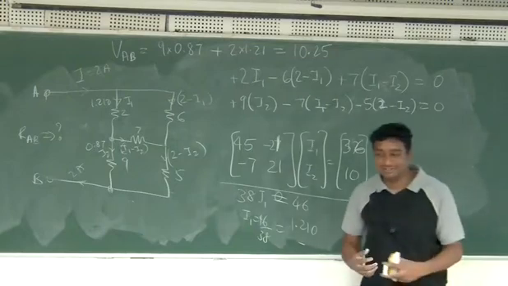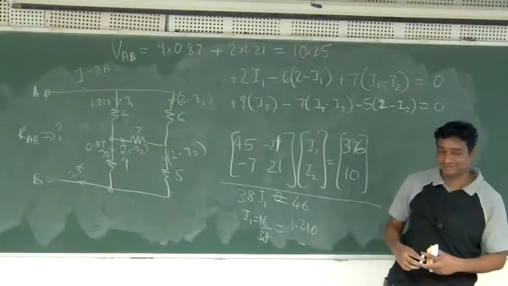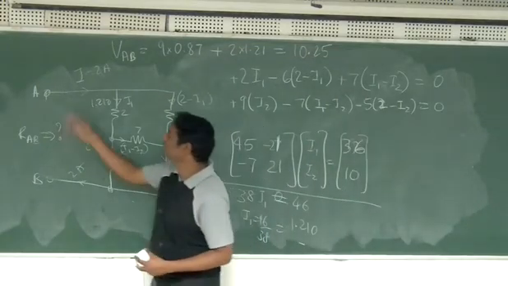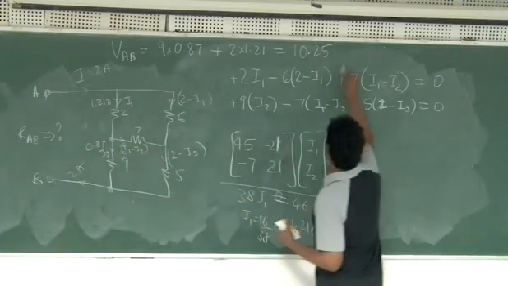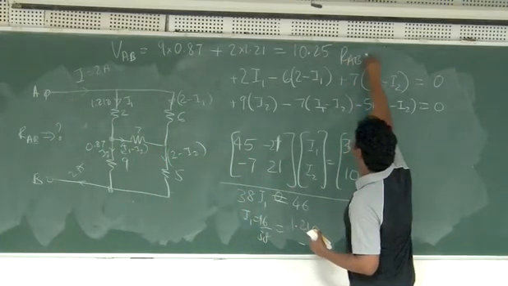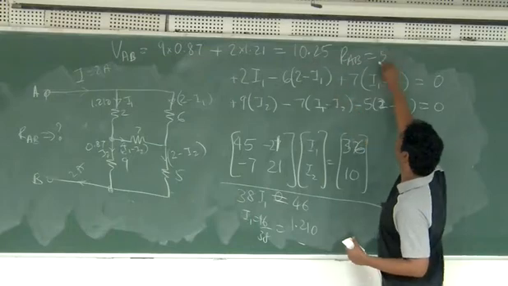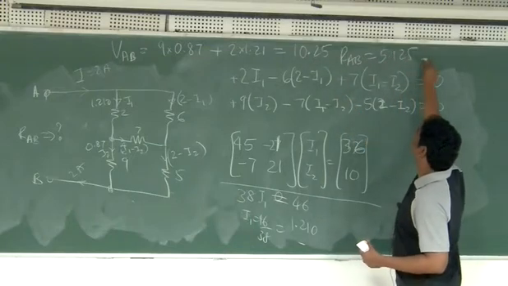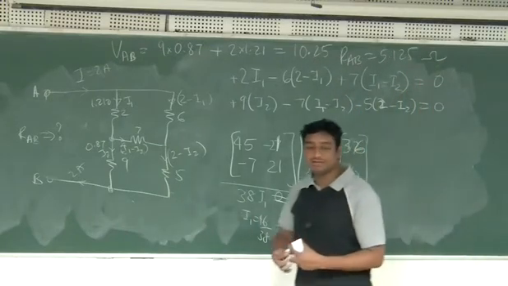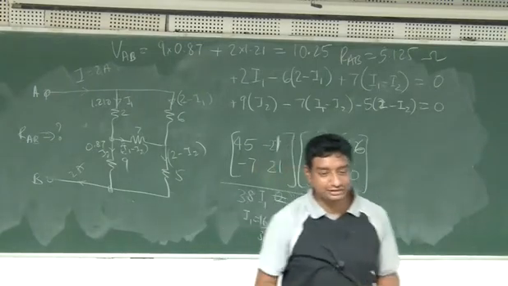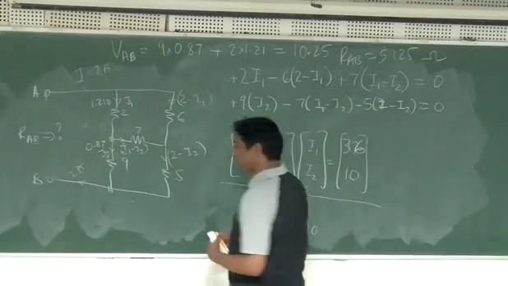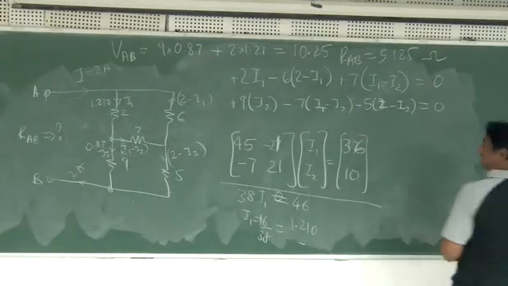So now what is RAB? RAB is VAB by I. I is 2 amperes. So RAB equal to this by 2. So 5.125. Okay. So this is one method of calculating the RAB. Okay. So what is the other method?